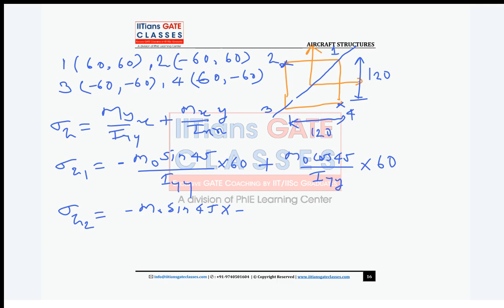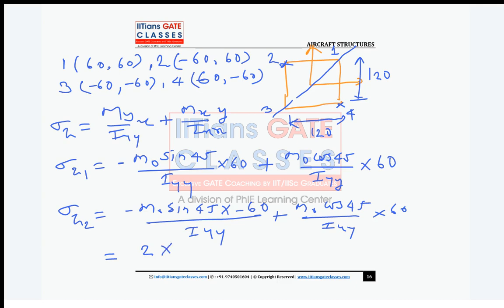X minus 60 upon Iyy plus M naught cos 45 upon Iyy into 60. Now these two will get added, right? Because this minus minus became plus. So you can write 2 into, what is the M naught value? Now I will substitute everything here. It is 96 into what? We have to convert to Newton mm, 10 to the power 3.